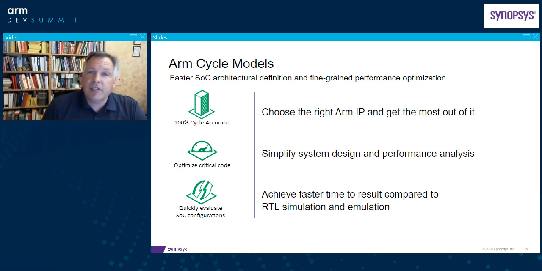You can also easily use them for IP selection: simply replace one model with another, rerun the simulation, and see what the performance delta is between them. So they are ideal for architecture design, IP selection, firmware development, and benchmarking. The accuracy even allows for optimizing critical code segments that are hardware dependent.